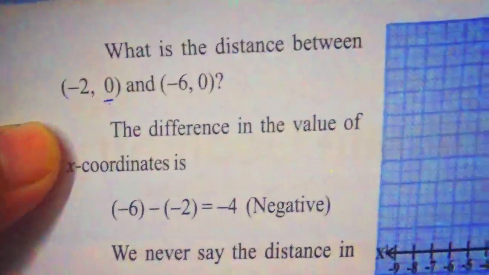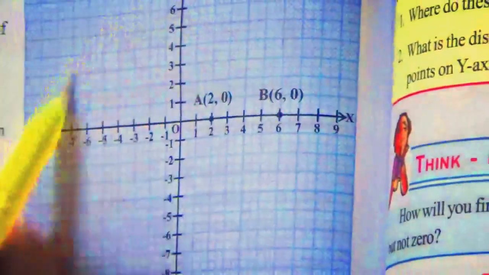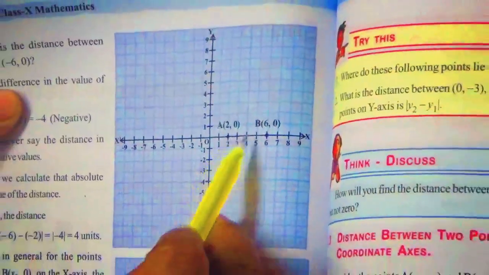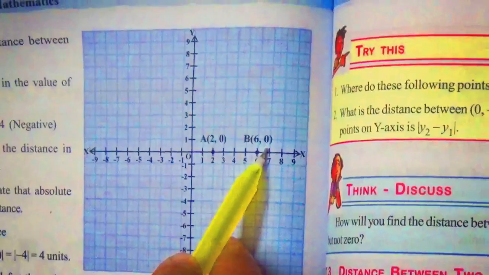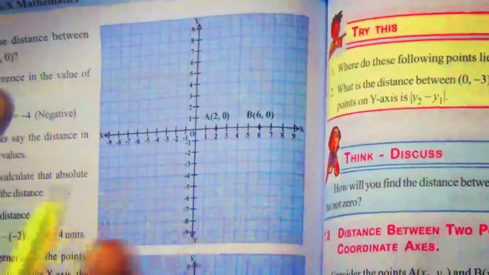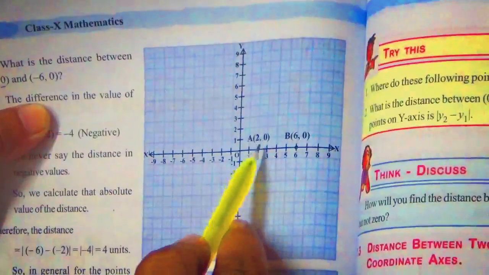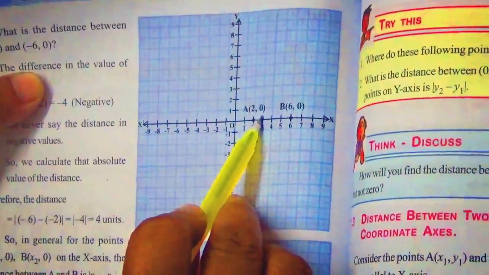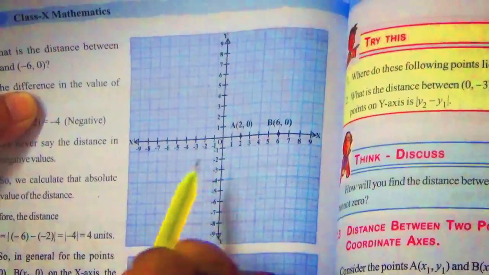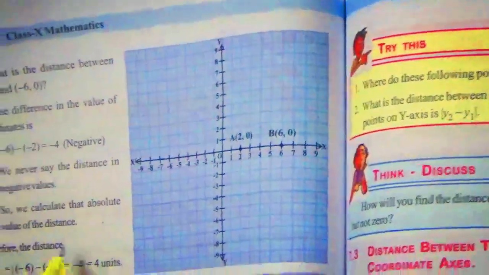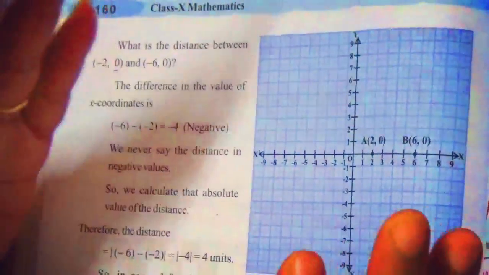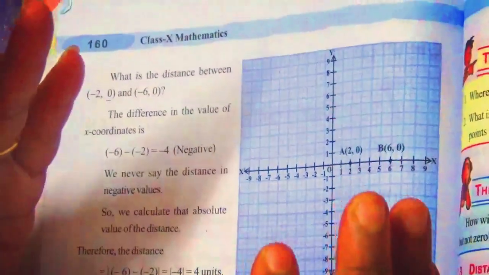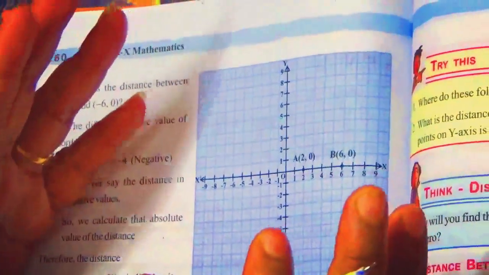For a graph, if any 2 points are on the x-axis, it gives y coordinates as 0. Then the distance formula is equal to, once you just imagine, any length or distance is not expressed in negative values.